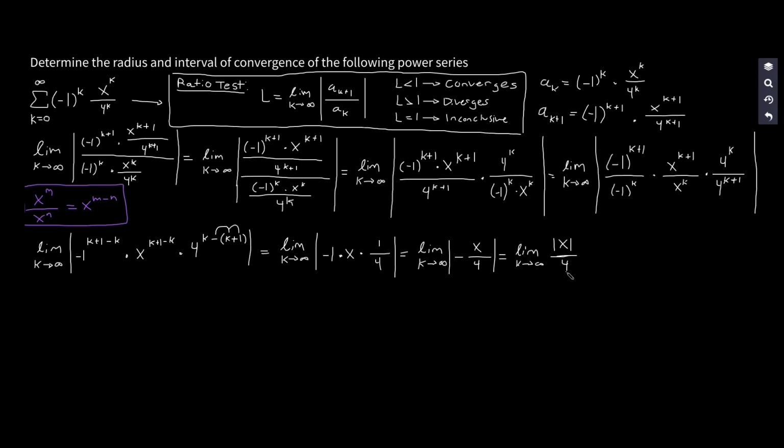But for convergence, we know that the result needs to be less than 1. So the absolute value of x over 4 has to be less than 1. Okay, let's do some algebraic manipulation here. If we multiply both sides by 4, we're going to get the absolute value of x is less than 4, I think.